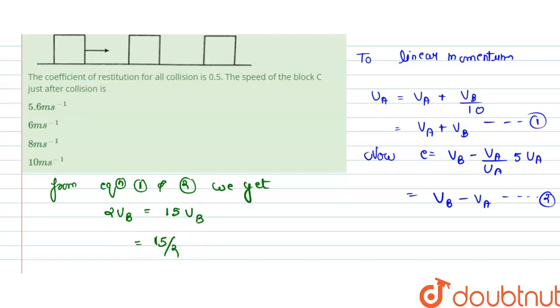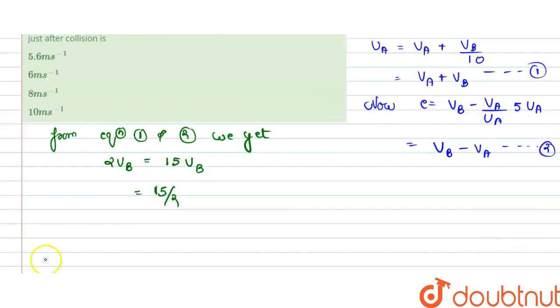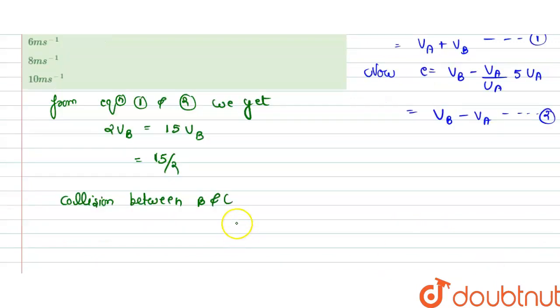Now the collision between B and C. We write the equation: uB, which is 15 by 2, equals vB plus vC, and suppose this is the third equation.